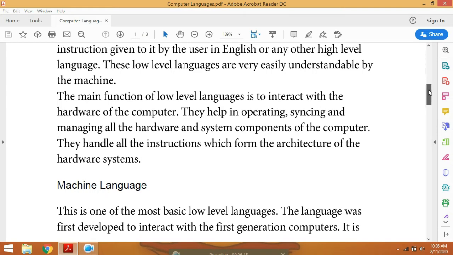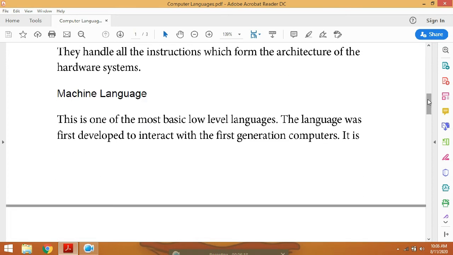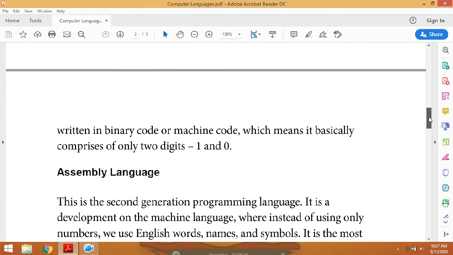So machine language, the basic low level language, is known as machine level language, and as I already told you, it comprises of only two numbers, that is 1 and 0.